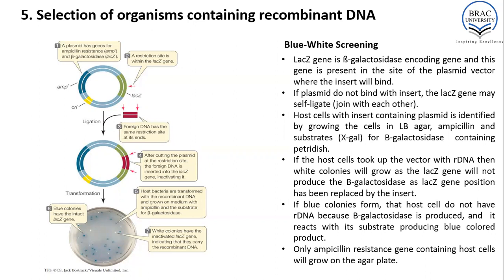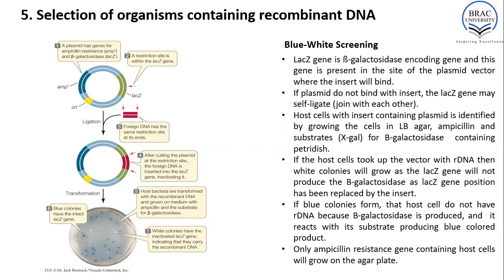So scientists generated a mutant LacZ gene, and it is inserted into the multiple cloning site of a vector. So what happens when the insert DNA is ligated to the multiple cloning site of the vector?